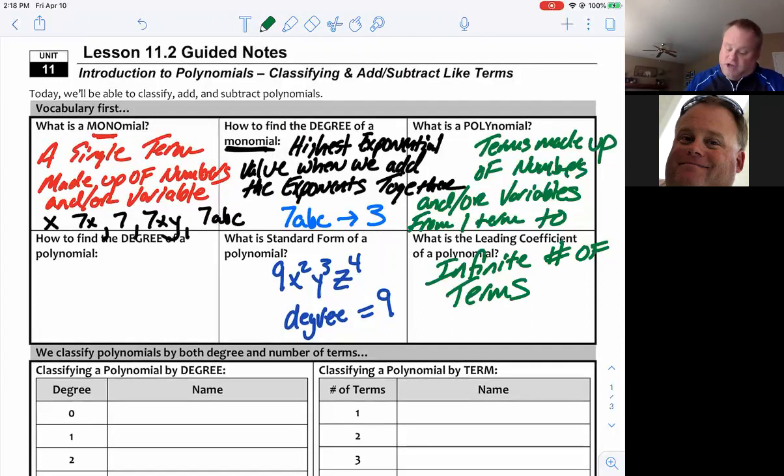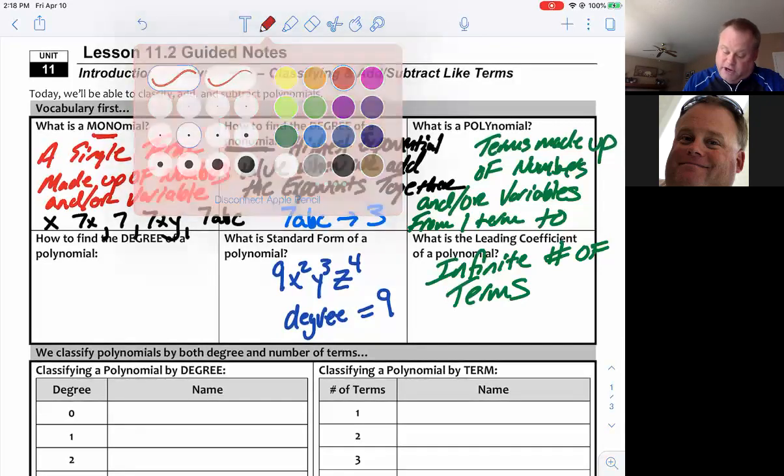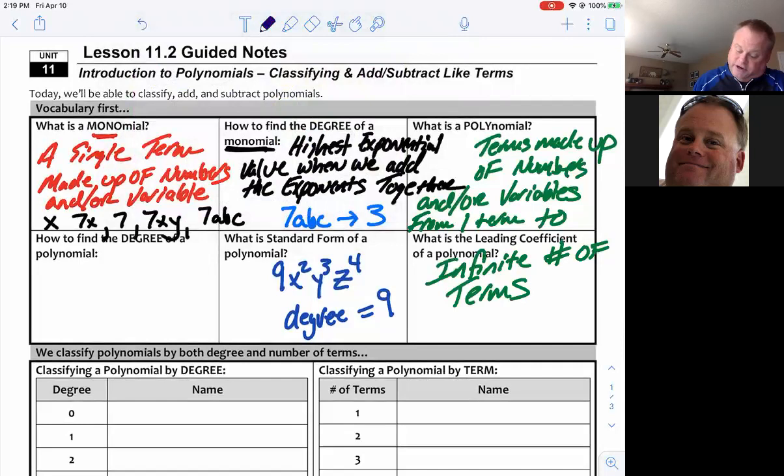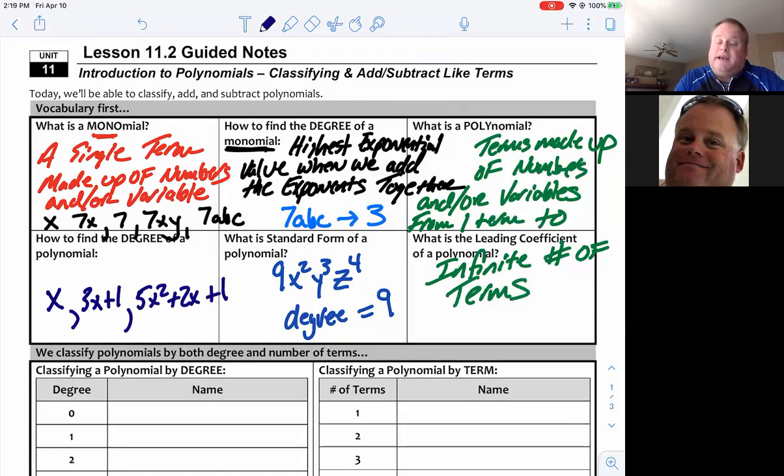Some examples of a polynomial, and I'm going to do them down here just so we can keep space: simply x is technically a monomial, but it is a type of polynomial. 3x plus 1 is called a binomial, which is a type of polynomial. And then I also have 5x squared plus 2x plus 1. That would be an example of a trinomial, which is a type of polynomial.